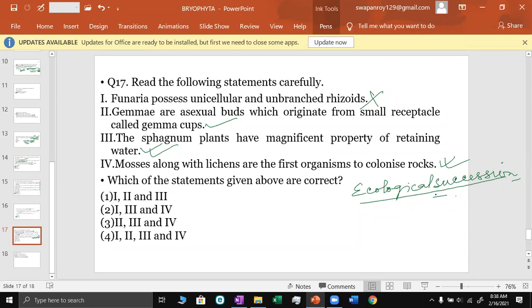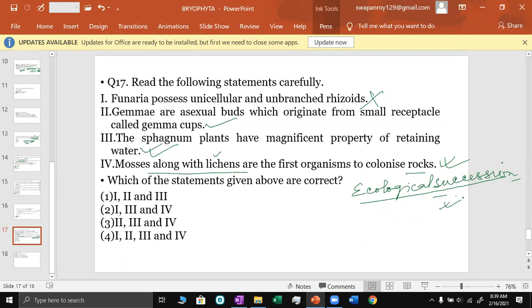So initially, on that type of barren place, when new plants grow, the first ones are lichen and mosses. First is lichen, then lichen and moss together. So this is called succession, one after another. A new, better, larger one appears.